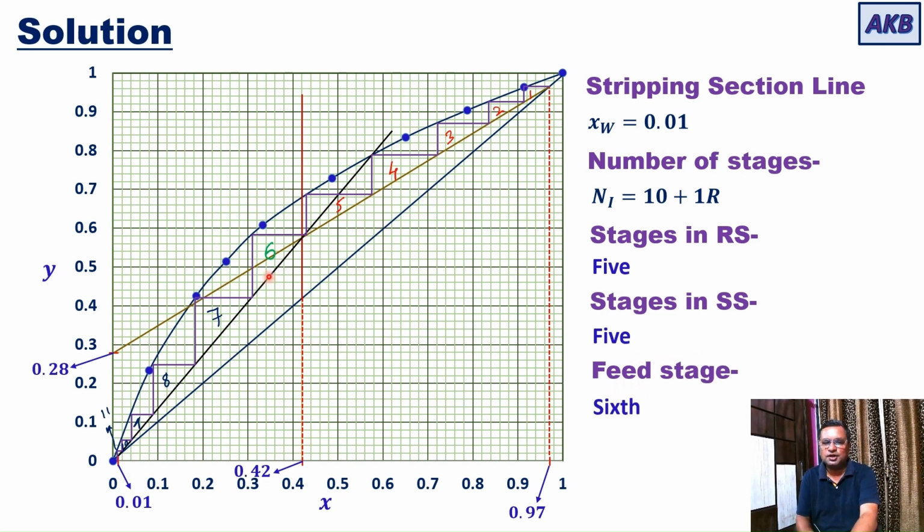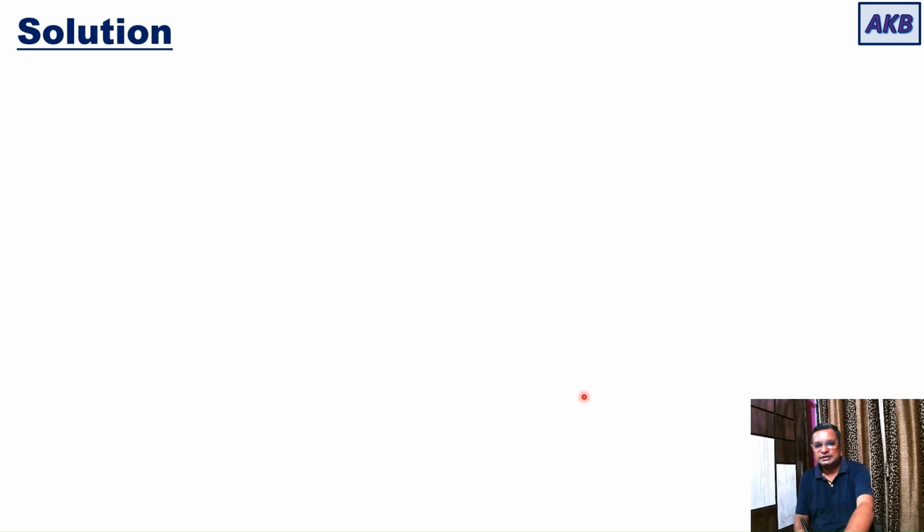The stage marked with green color. The 6th plate is the feed plate. So in this way, there are 11 stages, and out of those 11 stages, one is the reboiler. There are 5 stages in the rectifying section, 5 stages in the stripping section, and the 6th stage is the feed plate. So in this way, you get the number of equilibrium stages.